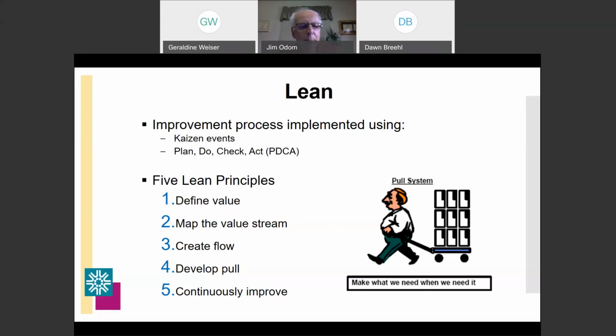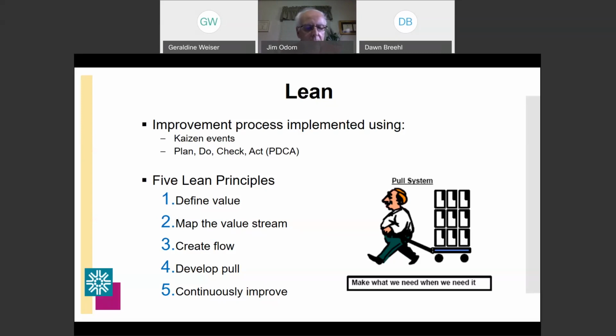So you're pulling material through the process, and you're only making what your customer wants at any one time. You're not building ahead, and hopefully you're able to develop and create that flow and develop that pull across all your different operations. And then the last one is continuously improving.